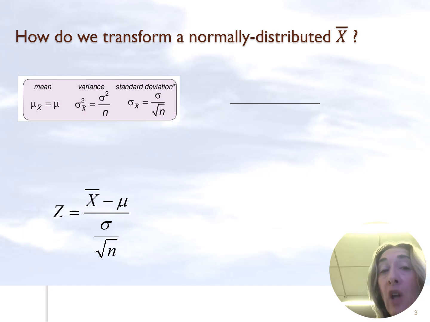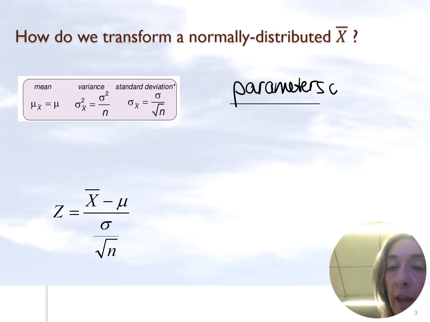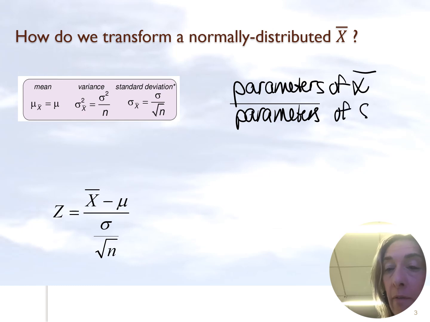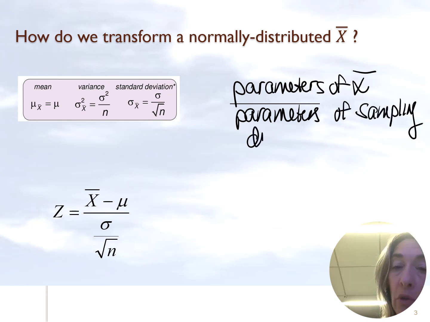Okay, next topic we want to review is how to transform a normally distributed sample average, or X bar. The first thing we want to review are the parameters of X bar, or the parameters of the sampling distribution of X bar.